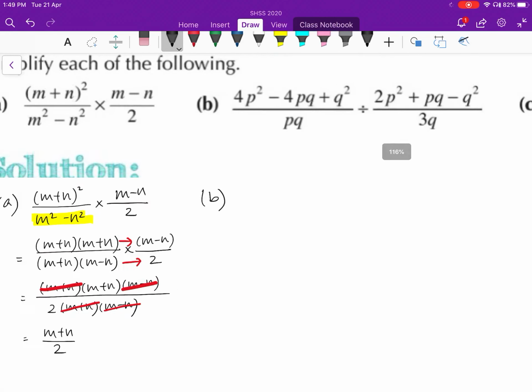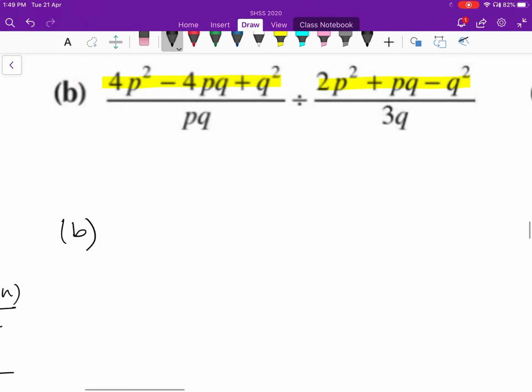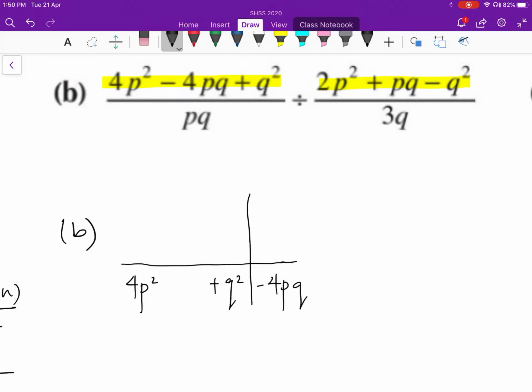B is a little bit more complicated because you see there is this term and this term that I can factorize. So we are just going to do the factorization for both terms. Now this is 4p squared plus q squared minus 4pq over here. 4p squared, I can factorize as 2p times 2p. q squared will be q times q.